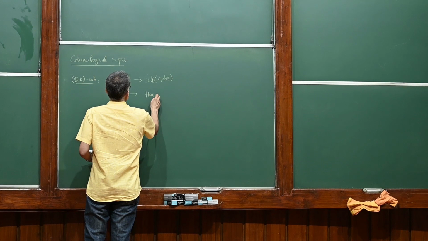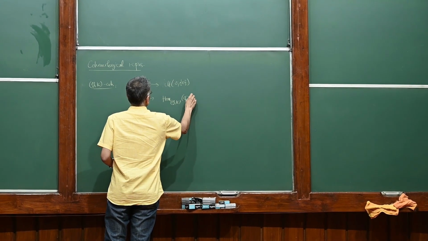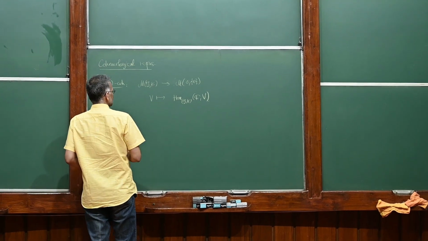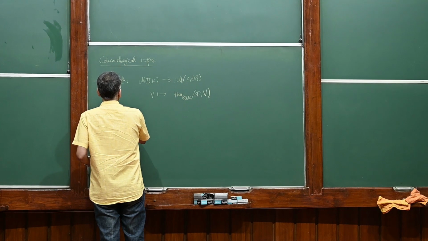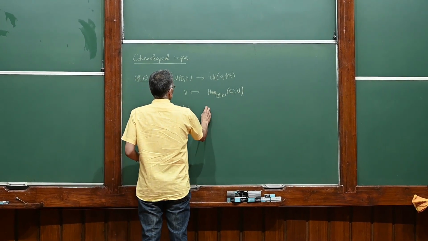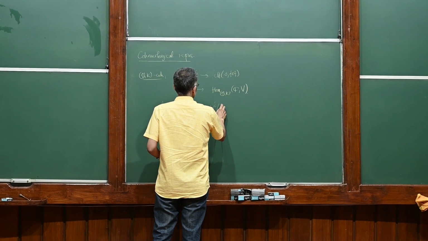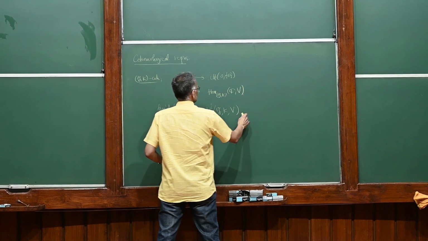So that maps V to the homomorphisms from the trivial representation to V. This is the (g,K) invariants in V. The derived functor is (g,K) cohomology.